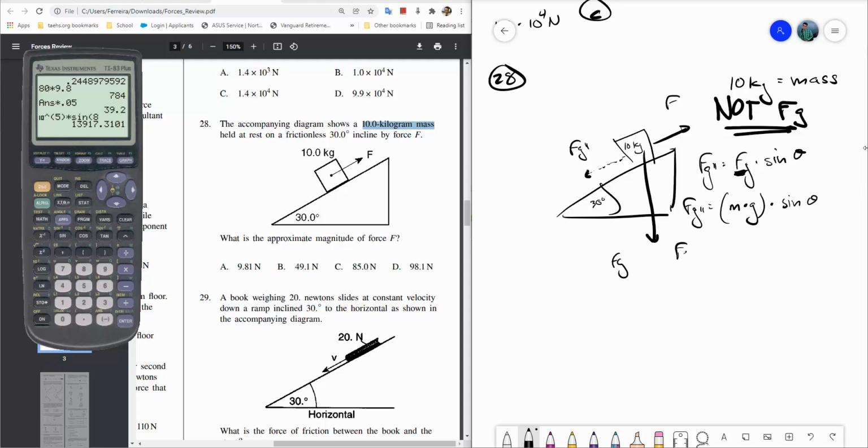Substituting in numbers, the force of gravity parallel is equal to the mass, 10 kg, times gravity, 9.8 meters per second squared, times the sine of 30 degrees. 10 kg times 9.8 is 98 newtons, times the sine of 30, which is 0.5. That gives us a force of gravity parallel of 49 newtons. The answer is B.